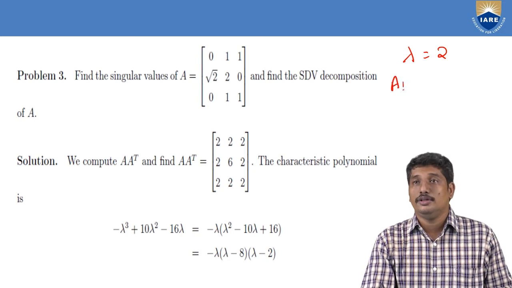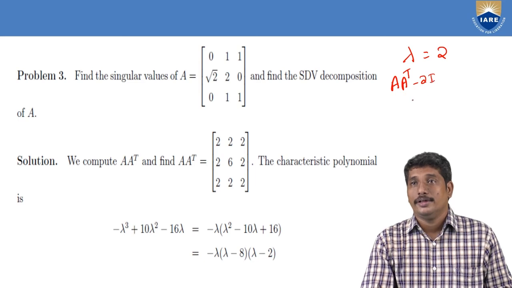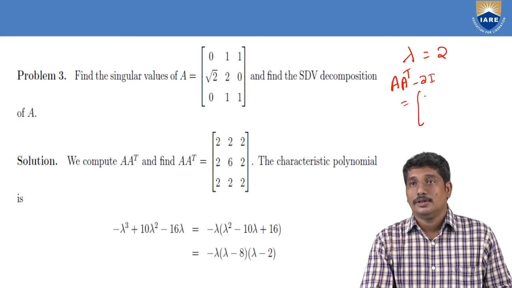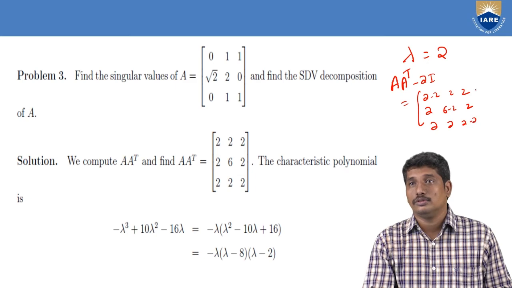For that we need to find A A transpose minus 2I, that means 2 minus 2, 2, 2; 2, 6 minus 2, 2; 2, 2, 2 minus 2. So the resultant matrix is 0, 2, 2; 2, 4, 2; 2, 2, 0.